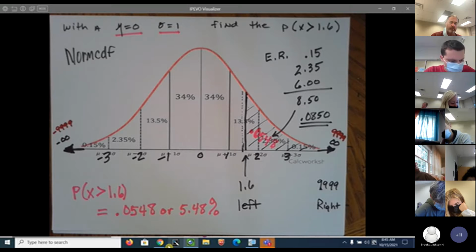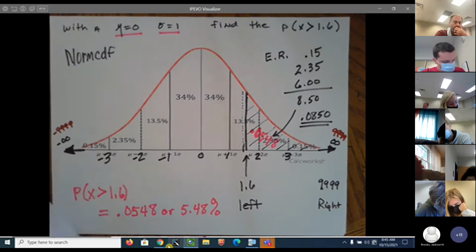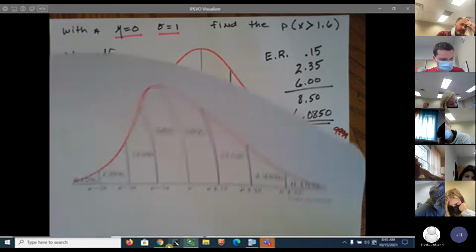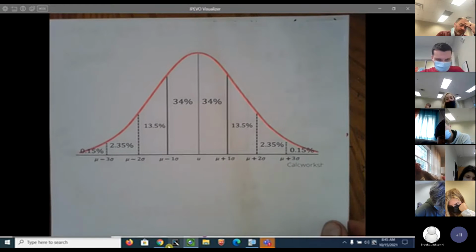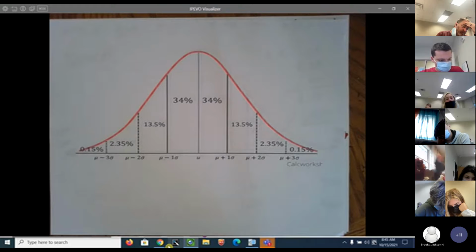Okay, let me show you how to do a non-0-1 graph. We're going to take our handy dandy curve. Oh, and every single homework problem you're going to do in 7.1 and 7.2 is going to use this curve.